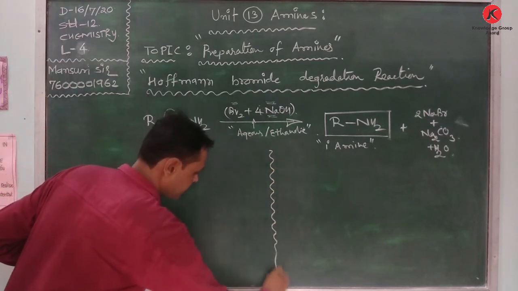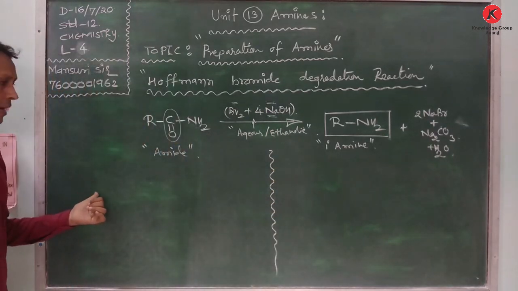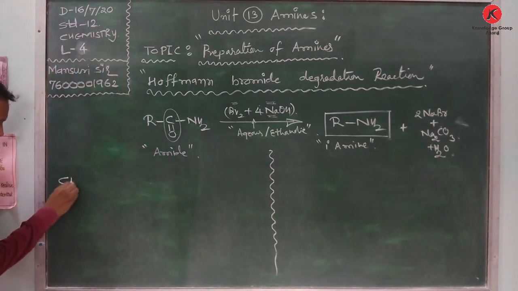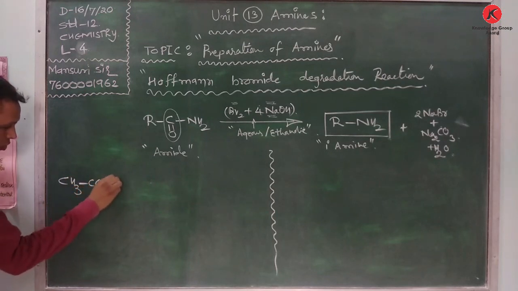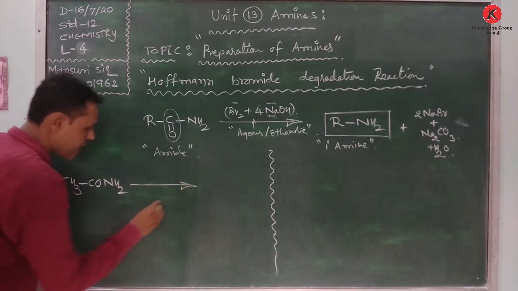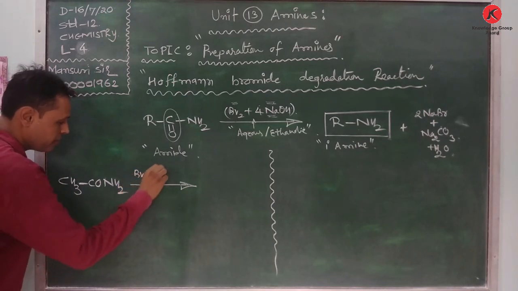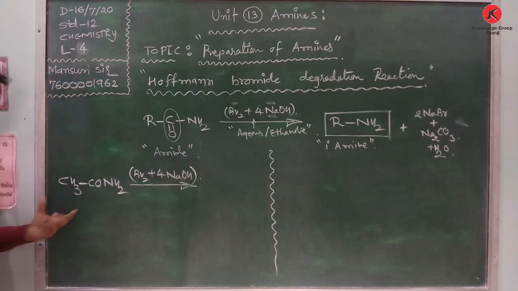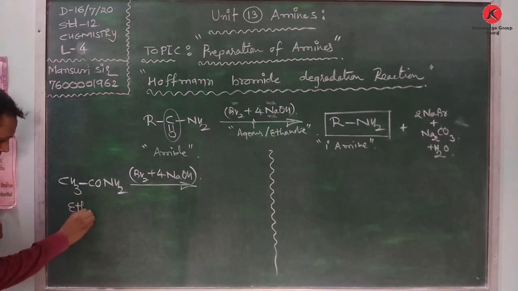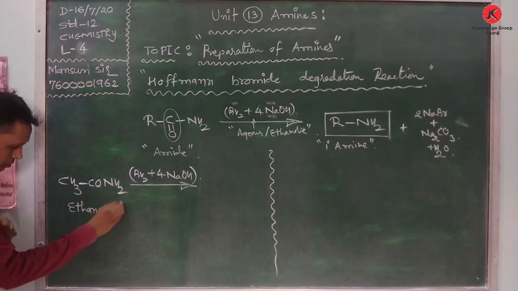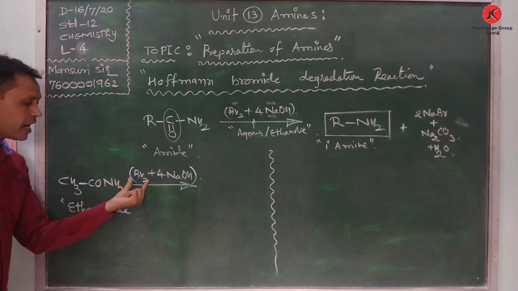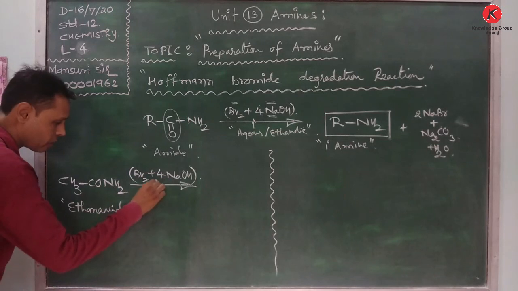Here an aliphatic amide and an aromatic amide will be taken. CH3CONH2 reacts with the mixture of Br2 plus 4NaOH. This is ethanamide, with 2 carbons.